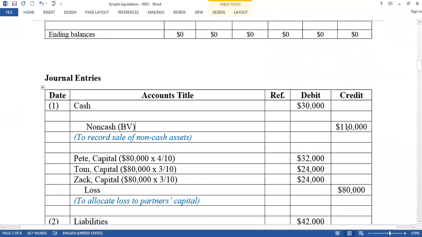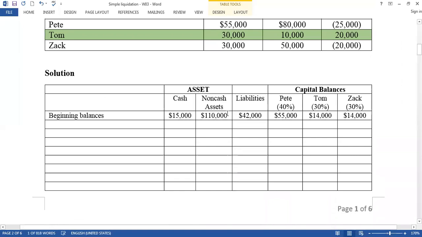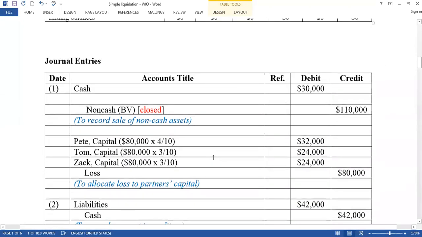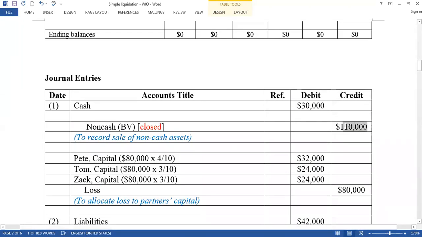We sell all of our non-cash asset. What does that mean? This account is going to close. Why? Because this $110,000 is the debit, and now we record $110,000 credit. So non-cash asset is closed.